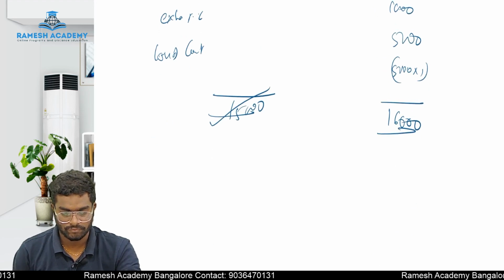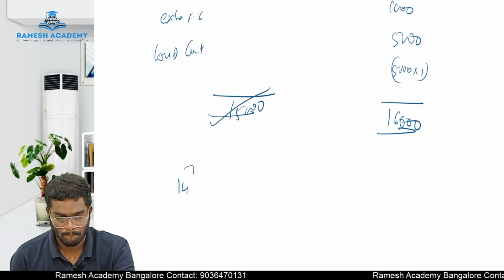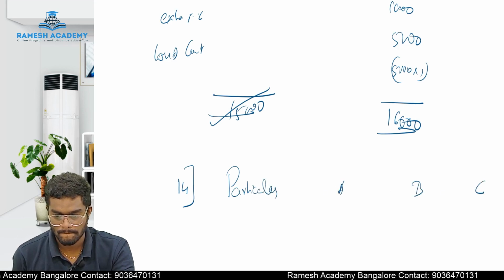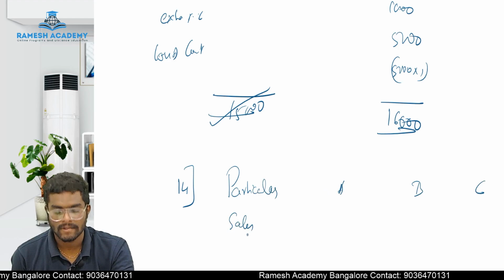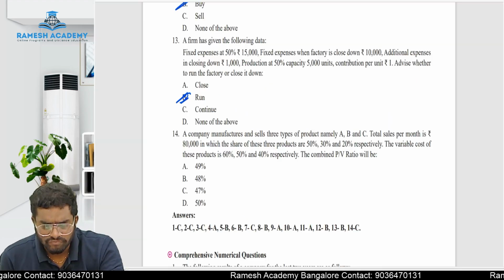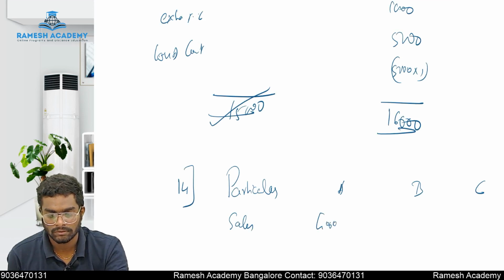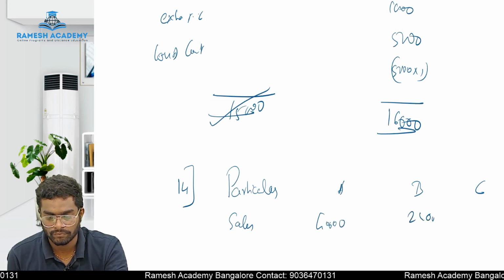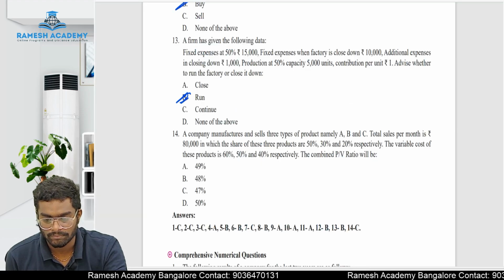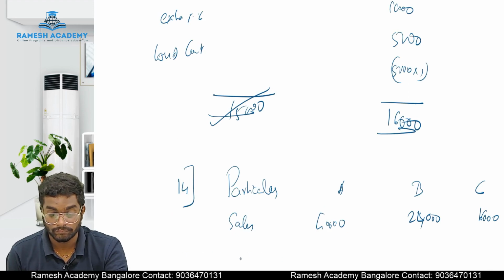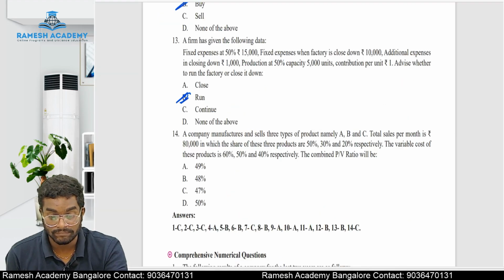Now we'll go to the 14th one. Sales is in the ratio of 50, 30, 20 of 80,000. 50% is 40,000, this is 24, this is 16. A, B and C. Done. Now VC is important. They're telling 60, 50, 40.